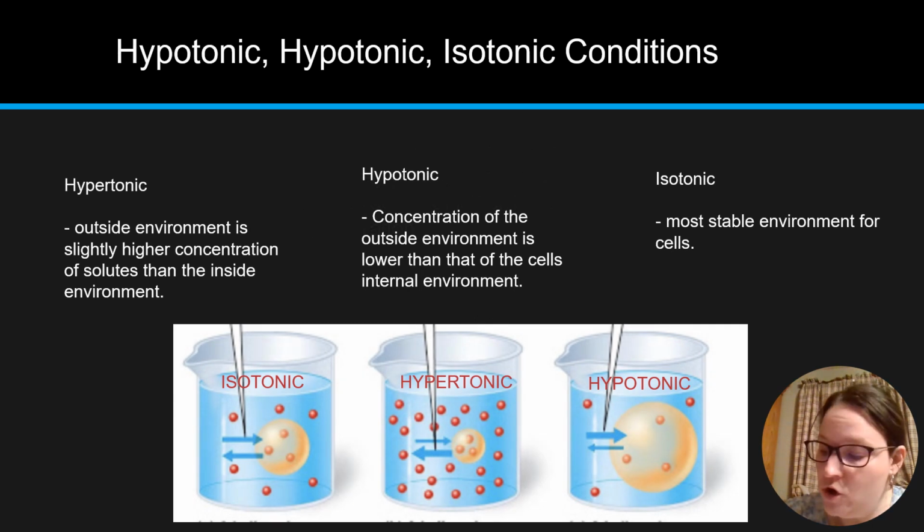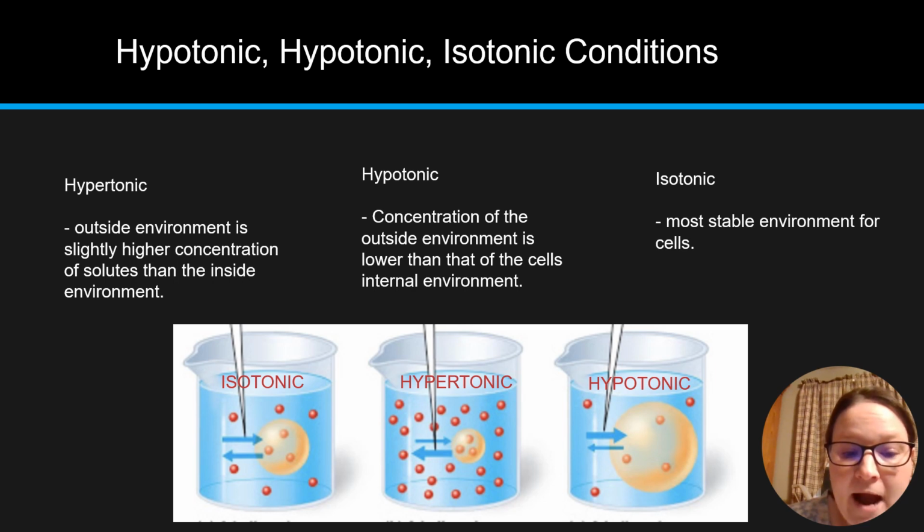Okay, guys, in regards to osmosis, it depends on the environment and the concentration of the solutions with the cytoplasmic membrane. So these are a couple of different environments and things that can affect osmosis, and these are some conditions. First, we've got hypertonic, which is the outside of the environment.